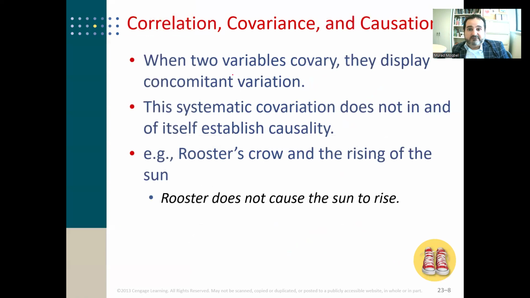Again, when we have two variables that covary and they display related variation, right? This systematic covariation does not necessarily mean causation. So again, what we say is correlation does not mean causation.